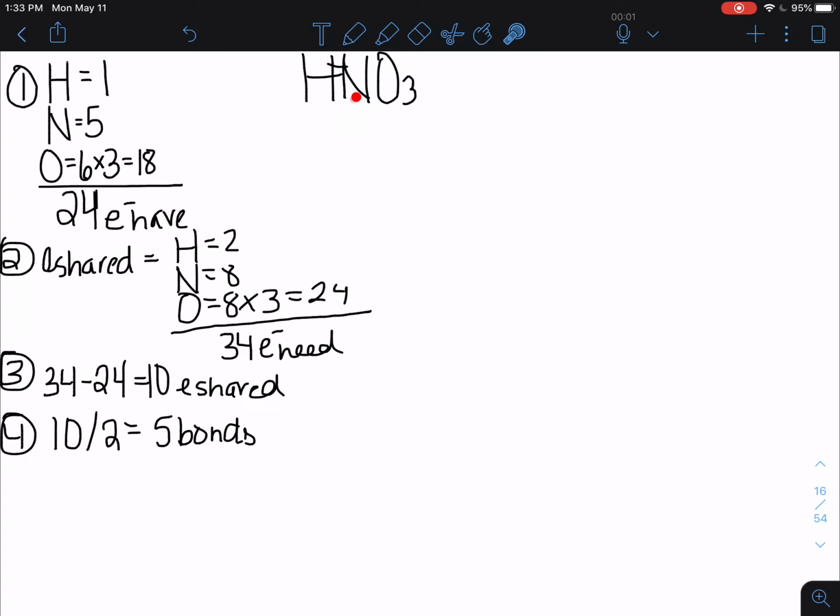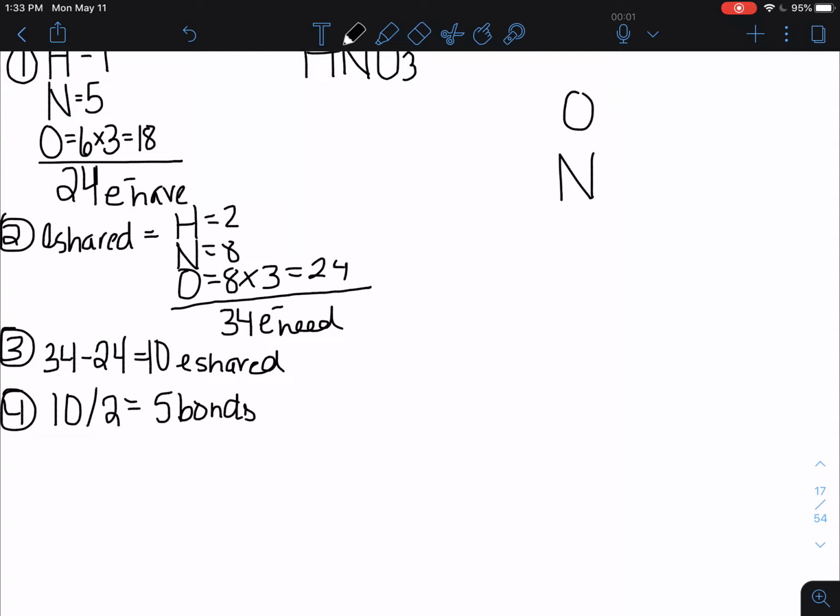One, nitrogen is the solo atom, but also nitrogen is the least electronegative. According to our electronegativity trend, nitrogen is less electronegative than oxygen, since it's to the left of oxygen on the periodic table. So we're going to place nitrogen, then I'm going to place my 3 oxygens.